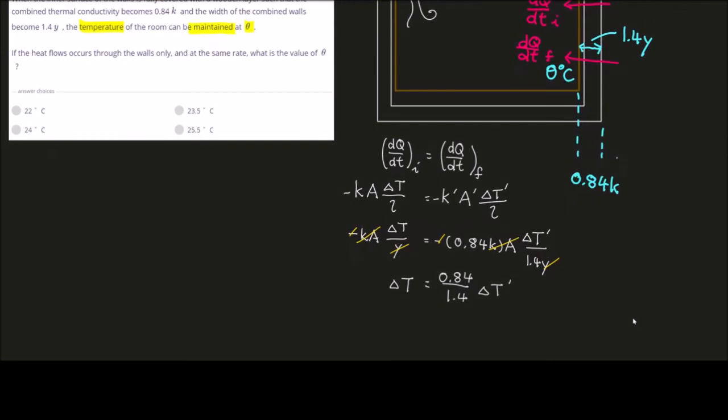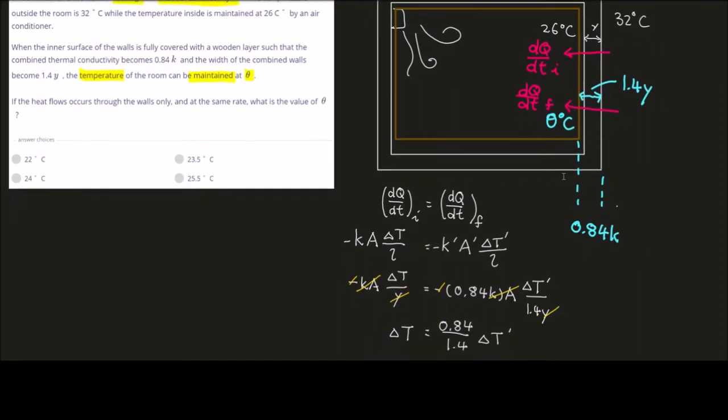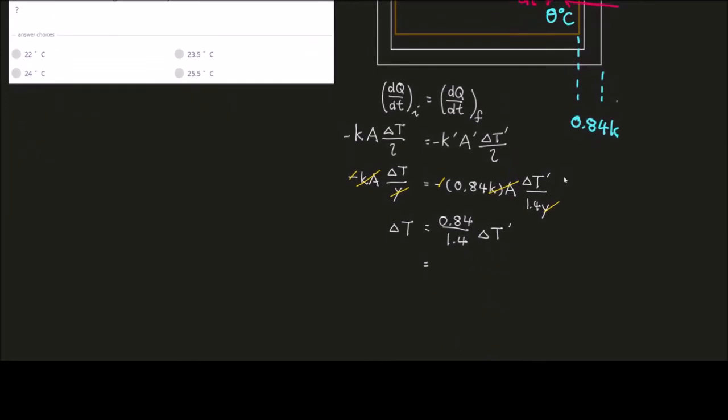It's not change, it's difference. Okay, so now what we can do is just substitute in the value. Just now we say the hot is 32, the cold is 26. I usually take cold minus hot because there's a negative sign, so I usually keep it consistent, the cold minus the hot. So now it will be 26 minus 32.